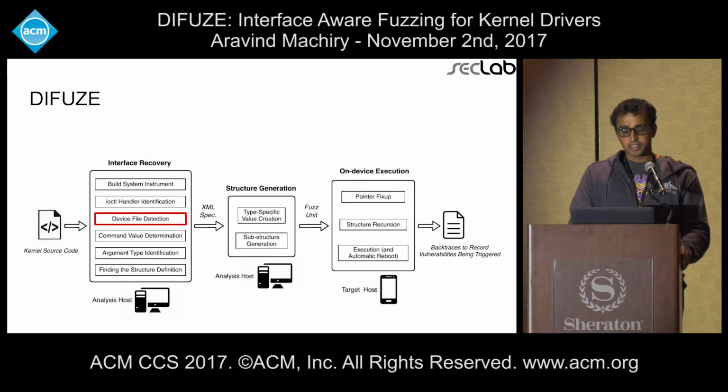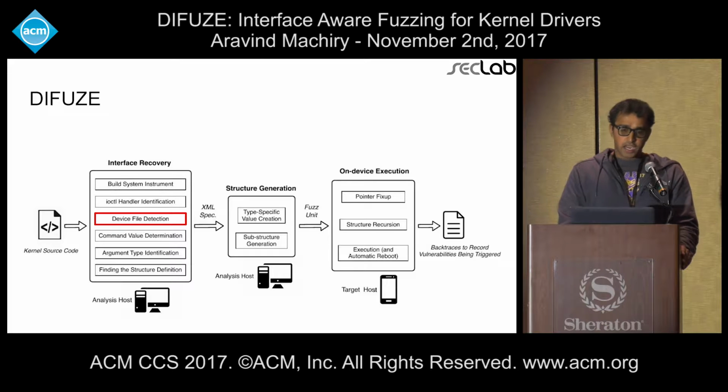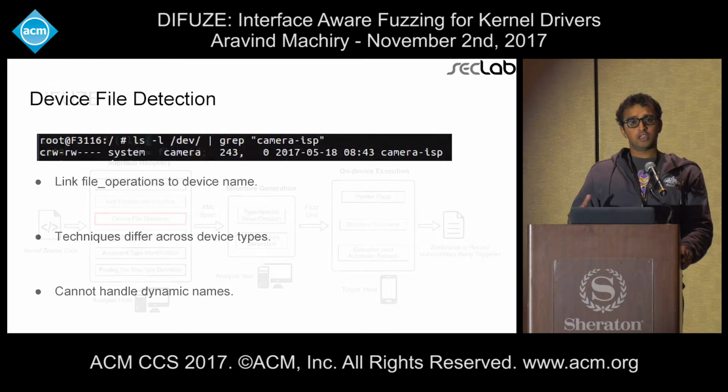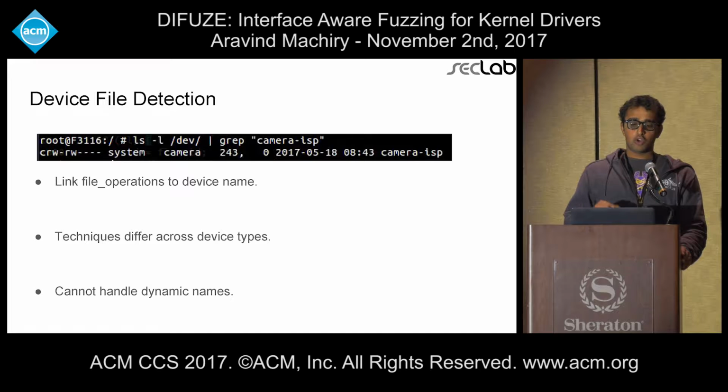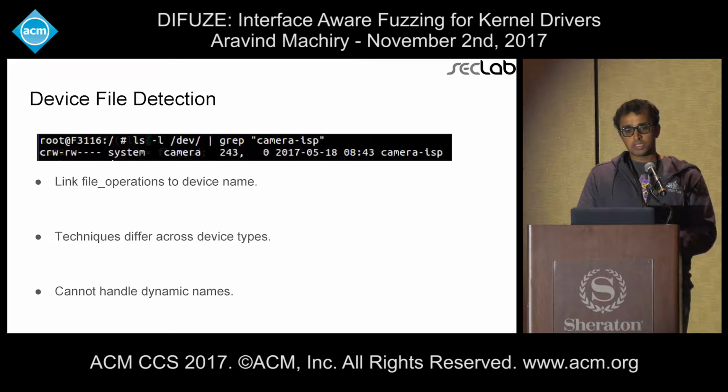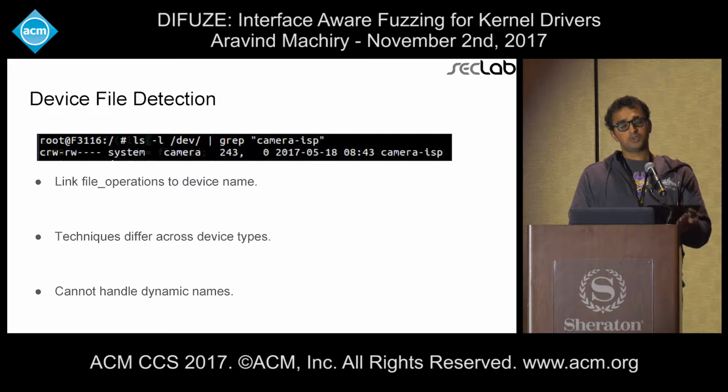The third is device file detection. This step deals with identifying the actual device path on the phone which we need to interact with to talk with the driver. Here we use several heuristics based on the driver type, and by linking the file operation structure which was used to register the ioctl function and the device type, we are able to identify the device file name that is used.